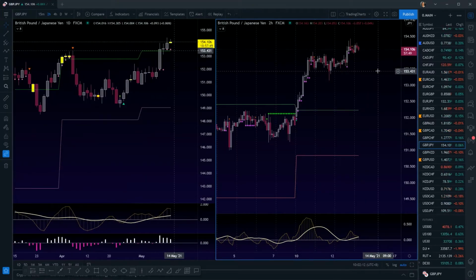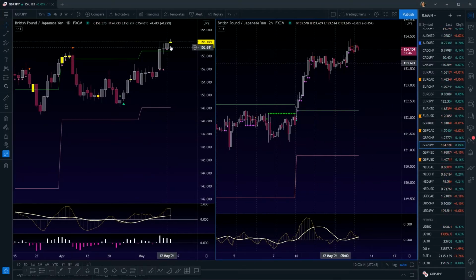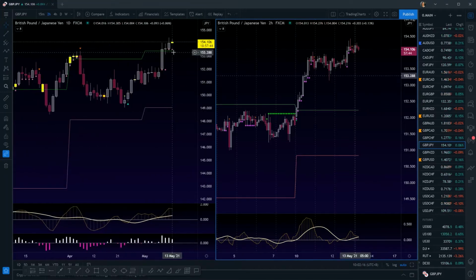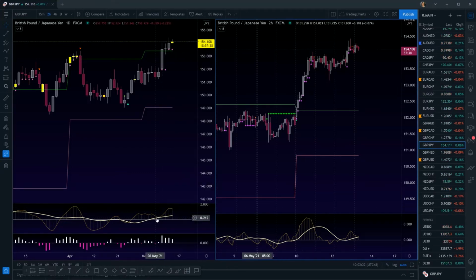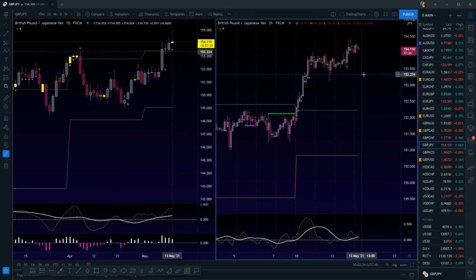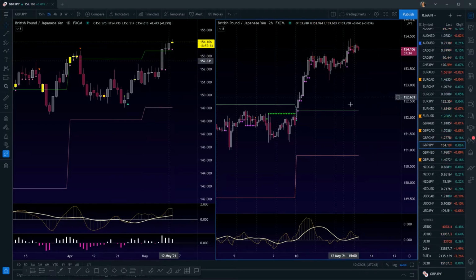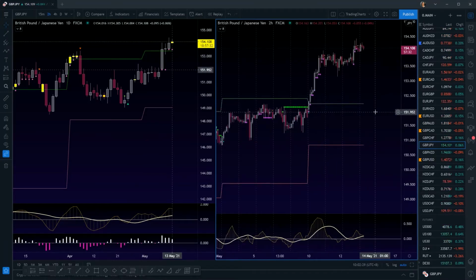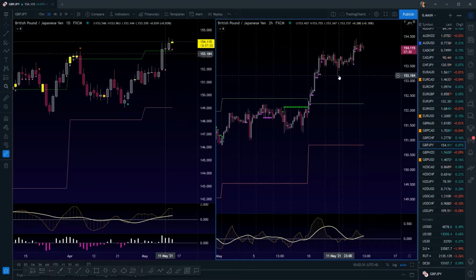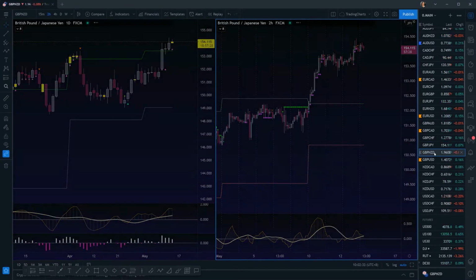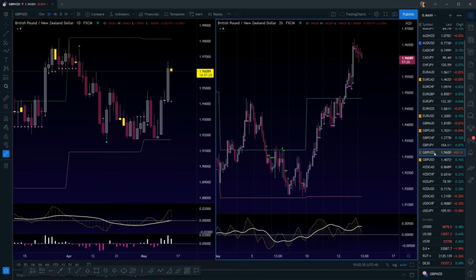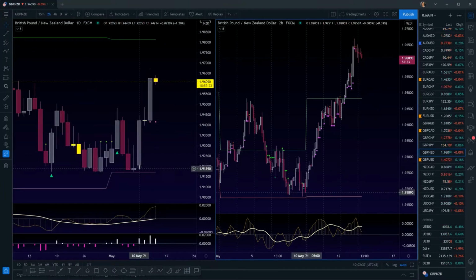British pound yen, it's trading above the previous month high. Oscillator doesn't show a divergence yet, so this thing is still in an uptrend. Yeah, might be a pullback trade here, but right now, no, I'm not trading it. British pound, New Zealand dollar, similar.